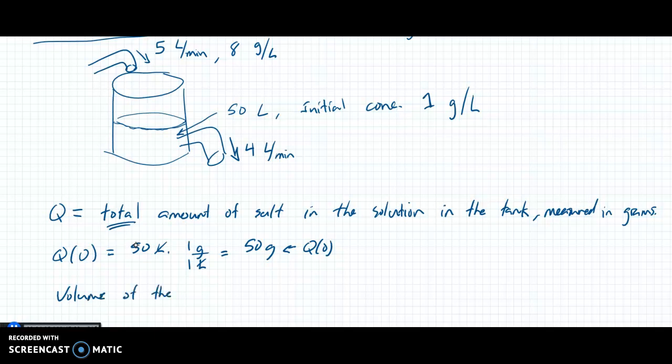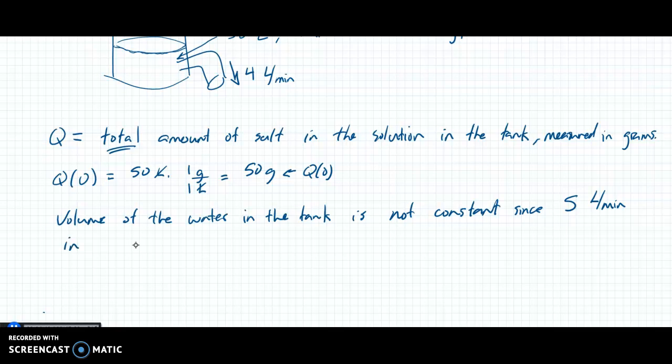The volume of water in the tank is not constant, since 5 liters per minute, I'm going to not use a complete sentence, it's coming in, so 5 liters per minute in, and 4 liters per minute out. The volume, how does it change? How does it change over time?